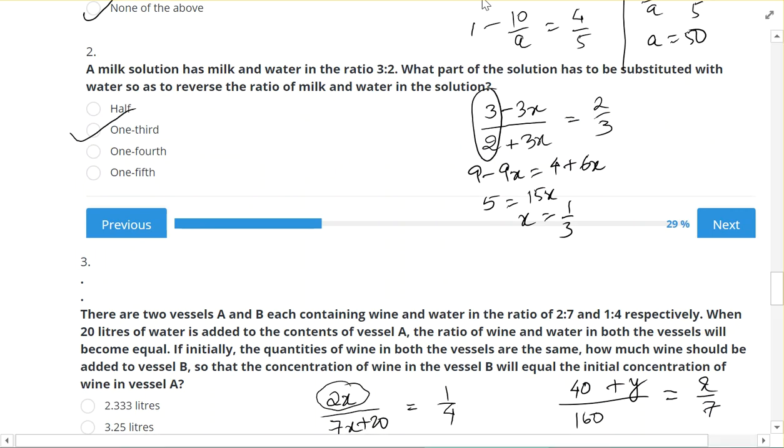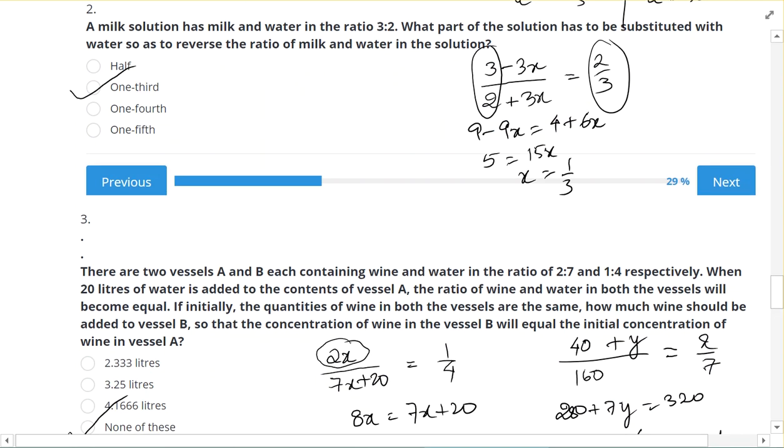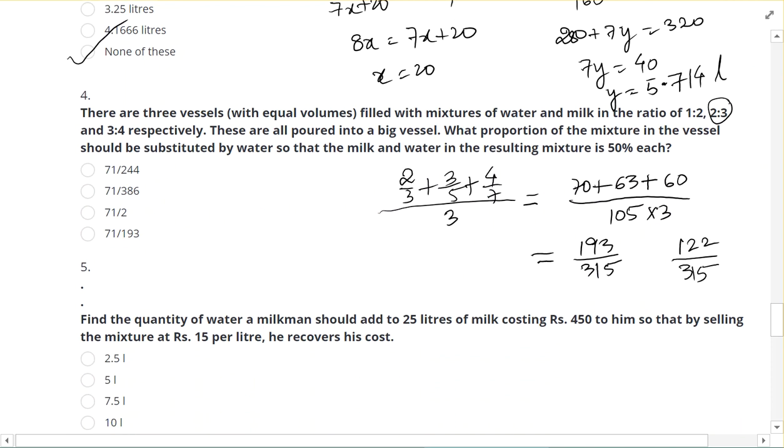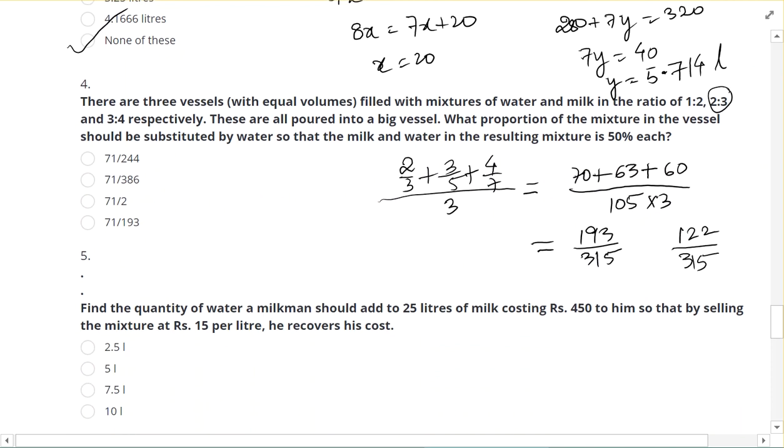Just take a look at this question. 193 by 122 is the given ratio.